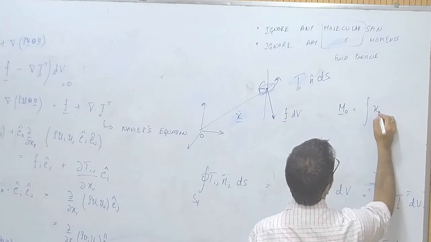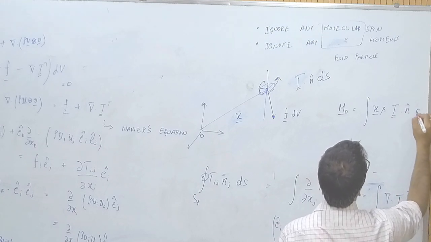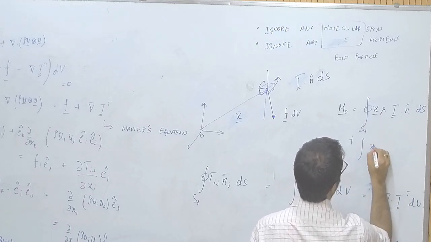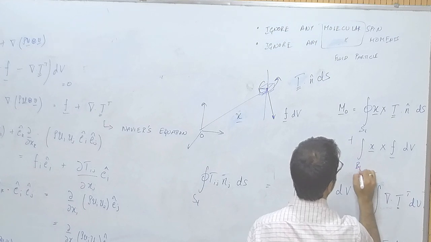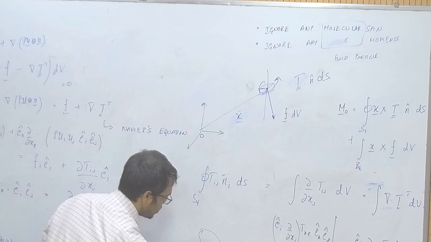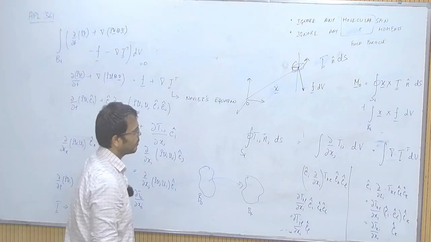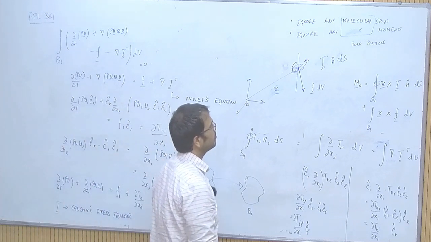So, they are simply x cross T dot N ds plus x cross F dV. This is the net external moment on a blob. So, this is your blob Bt, this is its original configuration. There is no magnetic moment or any other kind of spin moment that is acting on the particle.